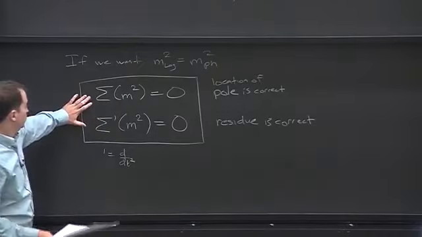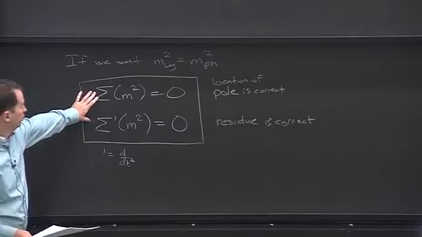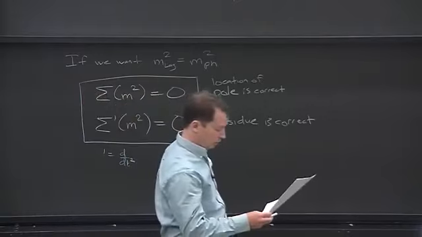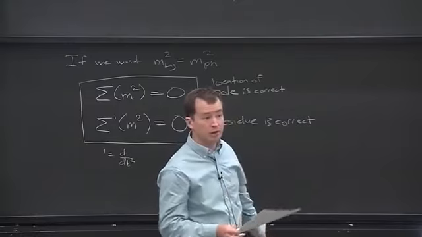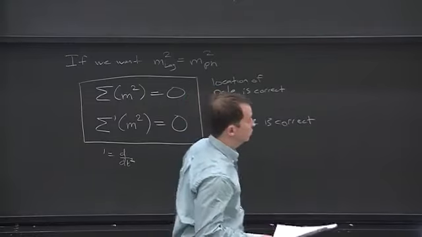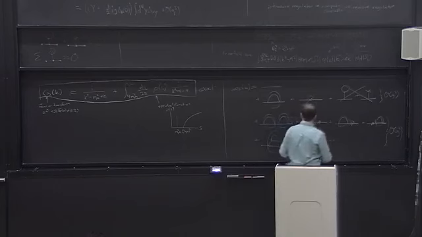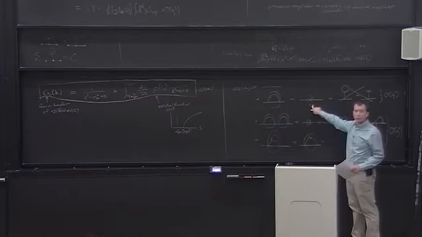And so at leading order, we could use these two conditions to fix Z phi and Z m. So Z phi and Z m in our perturbative calculation will enter in this diagram.